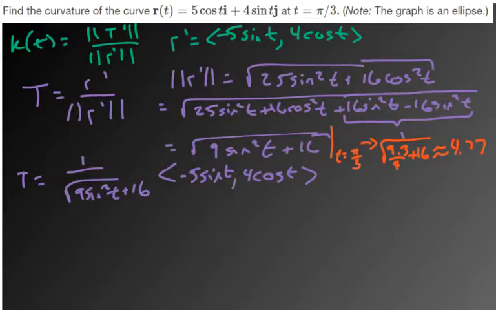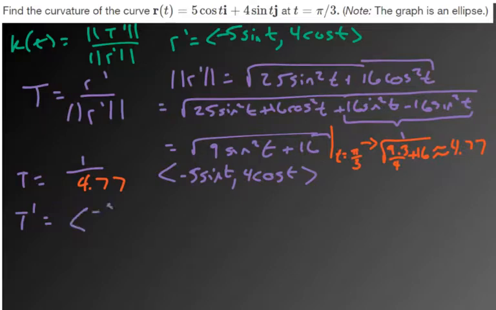So really we can take this and just make it 1 over 4.77. And now we can just do T prime, and pull those scalars out in front.